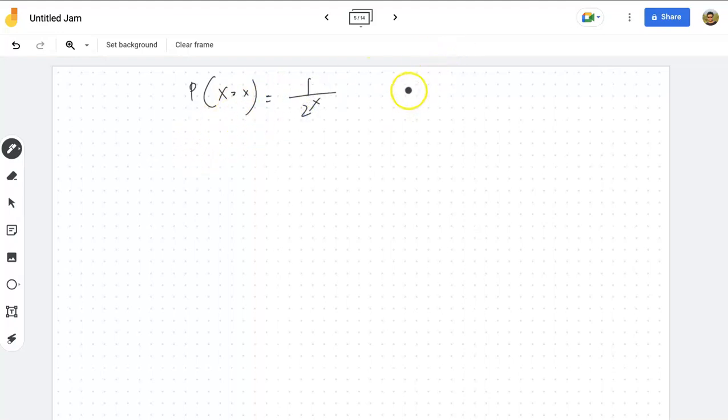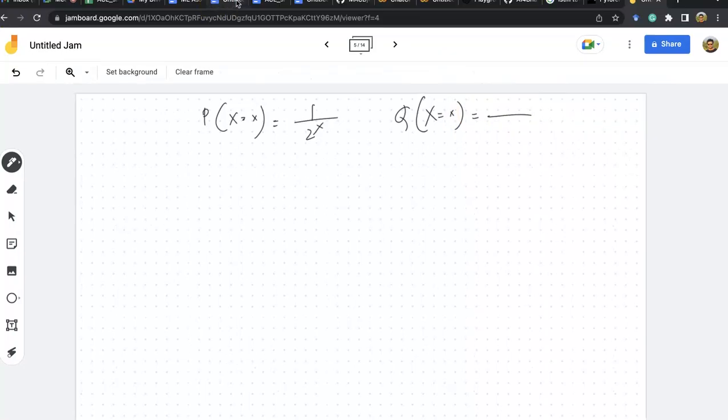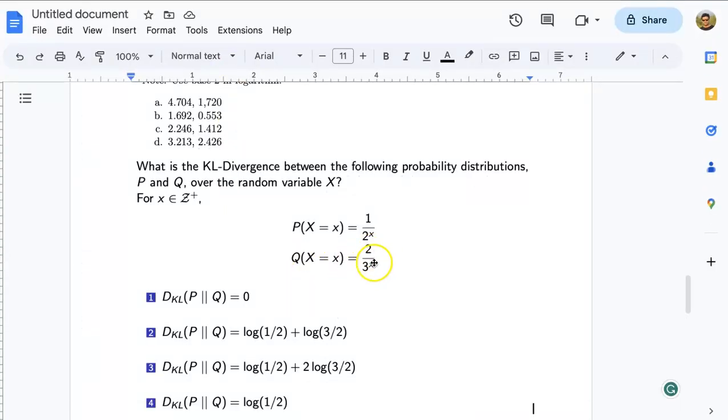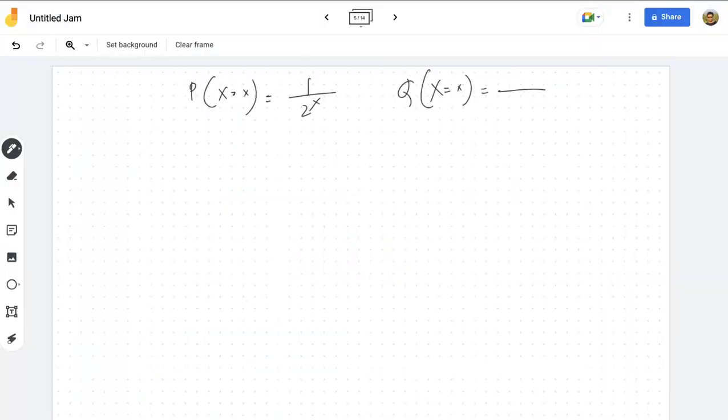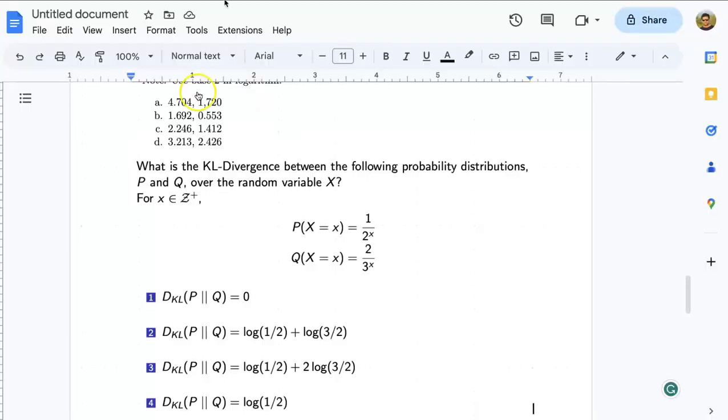And Q is given as 2 by 3 to the power x. They are asking to calculate the KL divergence of P and Q.